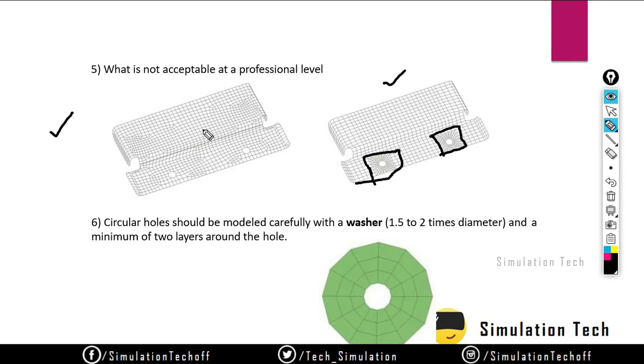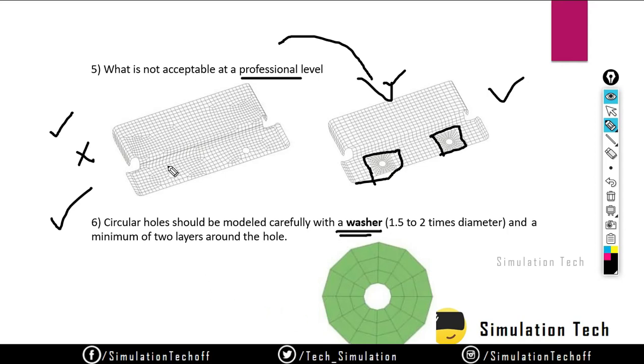The other is not in a certain pattern, while here you have a clear pattern and a more professional level. So this is what we expect. This is not recommended, it's not up to professional level. You will learn how to create professional level meshing in our upcoming sessions. We have a lot of options to create better quality meshes. In the meanwhile, you will notice how to create a proper mesh over a hole. You need to create a structure called a washer.